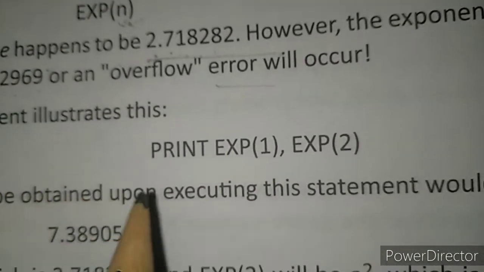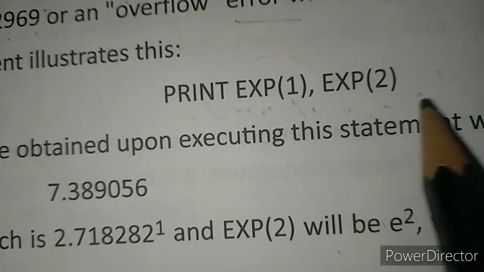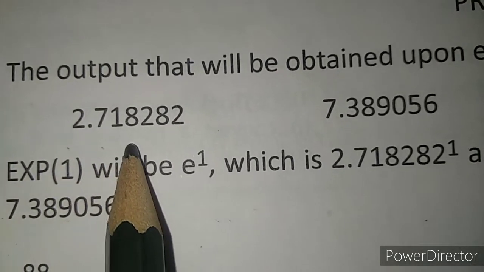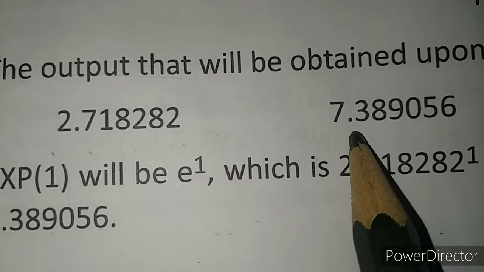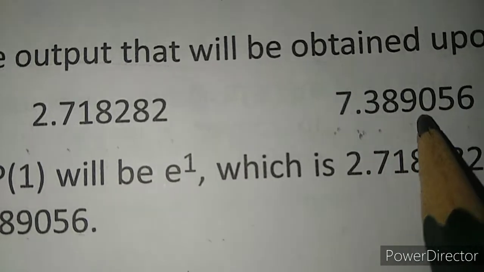Now how to use this exp function? You can see here, print exp(1), exp(2). Here exp(1) will return the value of e raised to the power 1 and exp(2) will return e raised to the power 2. The answers will be 2.718282, which is the value of e also, and for e raised to the power 2, the value is 7.389056.